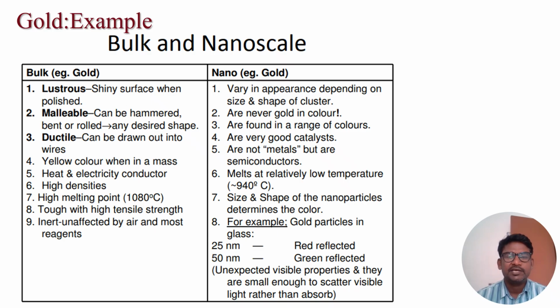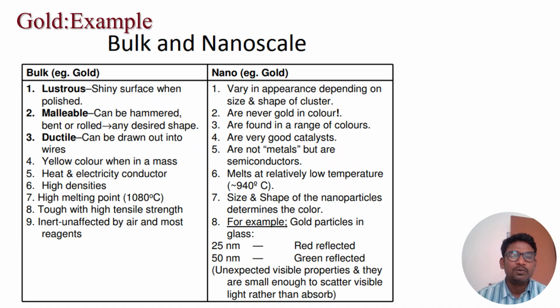Now, this is yet another exciting example to understand the nano. Say, for example, gold in bulk state, how their properties are. The same gold, when you make it in nano range, how the properties are drastically changing. Let us go one by one. Bulk gold is indeed very lustrous, means they have a shiny surface when polished, and they are malleable, which means it can be bent or rolled, or any desirable shape we can make it.